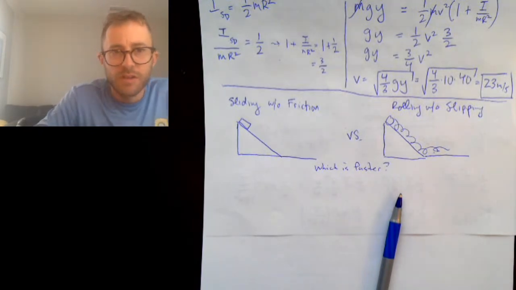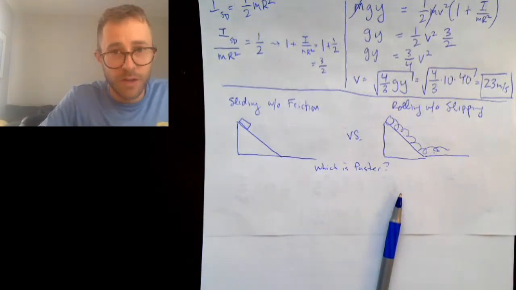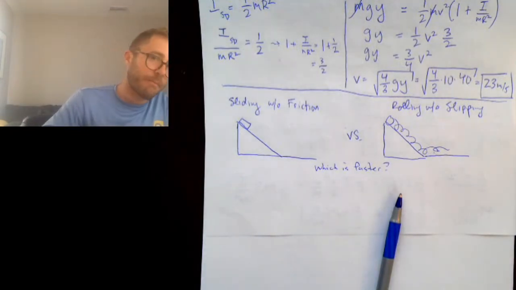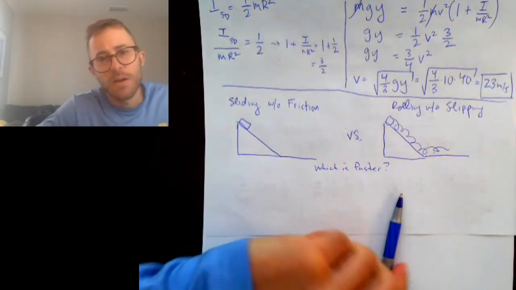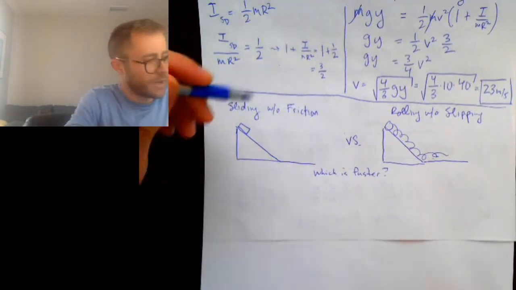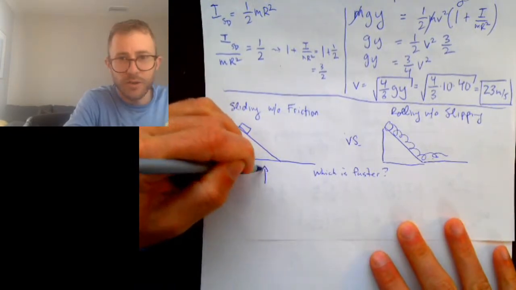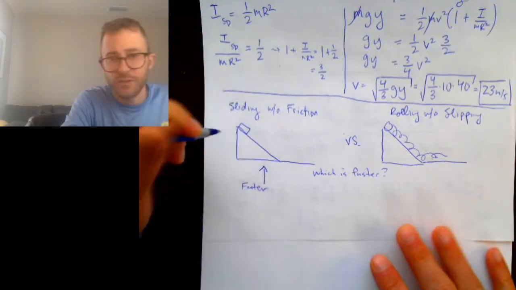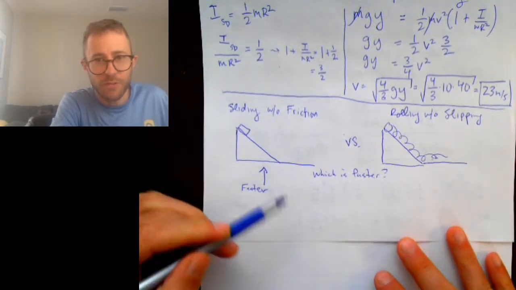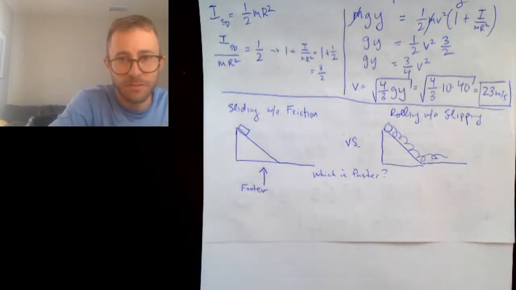Versus like a tire that is rolling down the hill without slipping. Okay? Like a traction tire. And it turns out that this one is going to be faster. Why is that? It's faster to slide without friction than it is to roll. So the skier would beat the tire that's rolling down the hill.